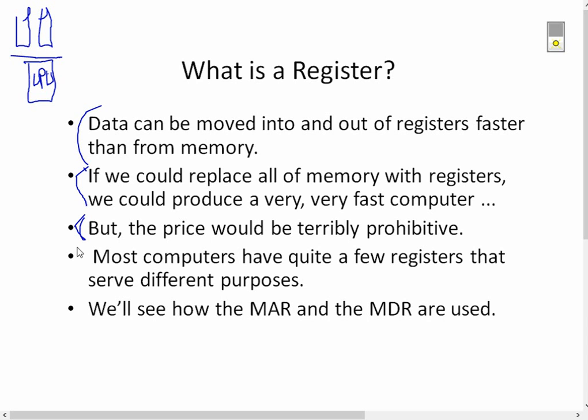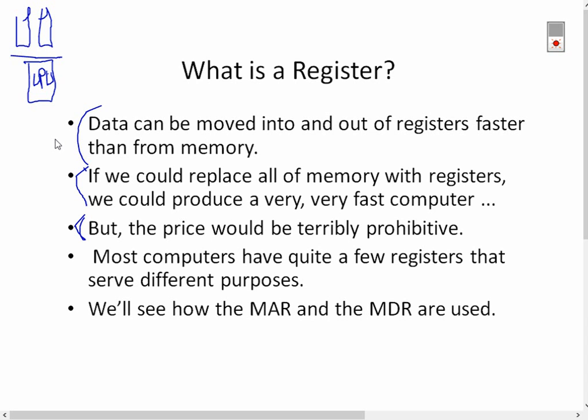Most modern computers, however, do have a lot of registers. In fact, a lot of modern CPUs are going to have both a large number of registers and something called cache. And what the cache is, it's kind of like memory, but not quite. Basically it's essentially memory that's maintained on the CPU.